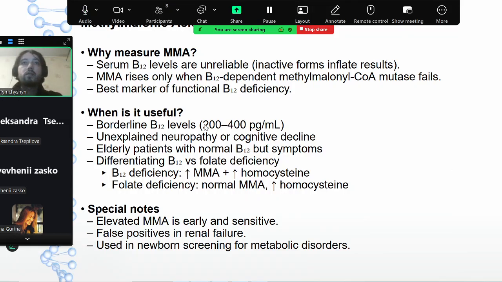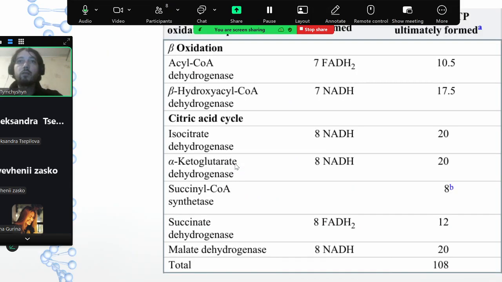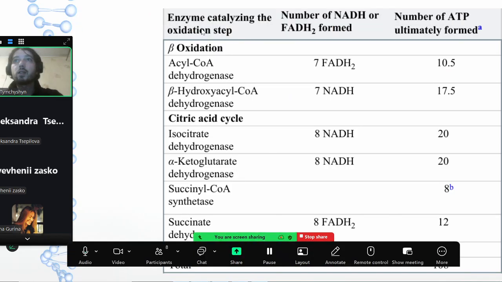And here are some references for you. So borderline levels for B12 are like 200 to 400 picogram per milliliter. So if we have some problems, they may cause some neuropathy or even cognitive decline. And of course there should be some differentiating B12 from other kinds of deficiencies.